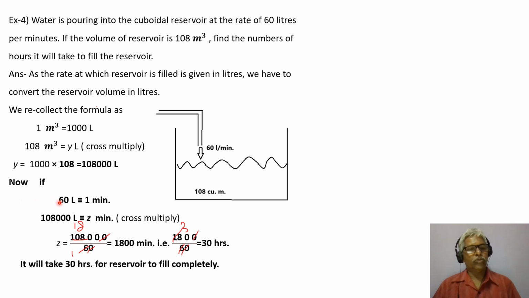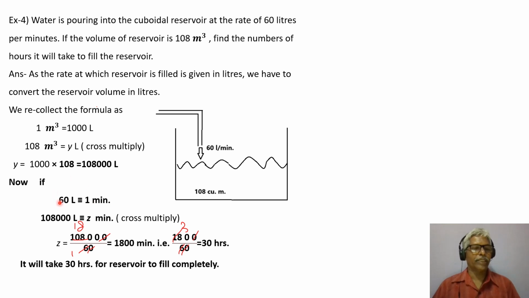Now the second part, 60 liters corresponds to 1 minute. That's the rate. So how much time will it take to fill this? 108,000 is equal to z minutes. See, even here liters is on one side, time is on the other side. So it should be like this.